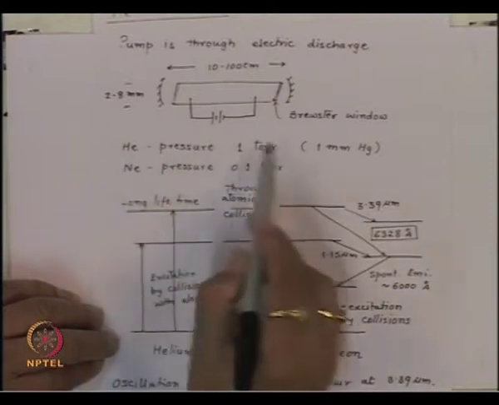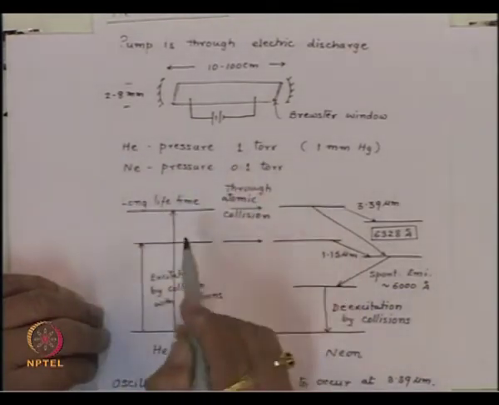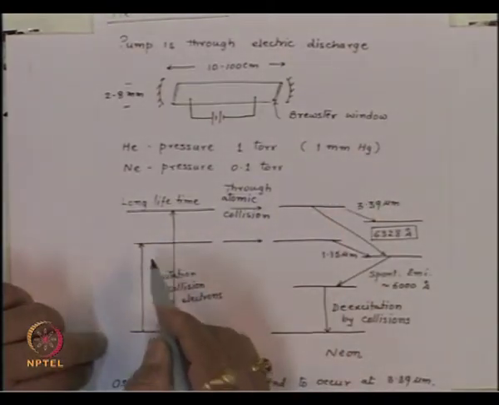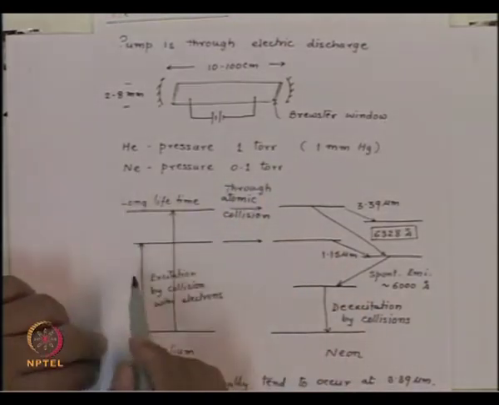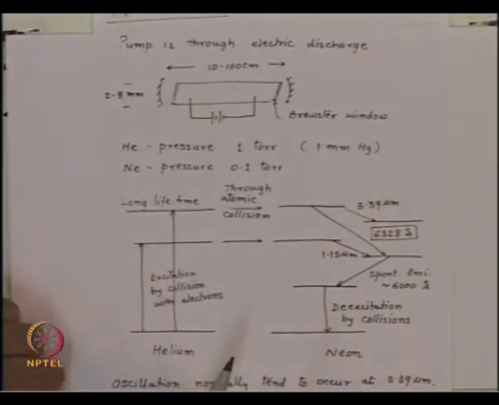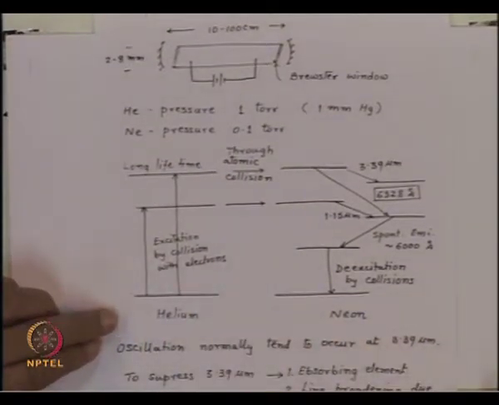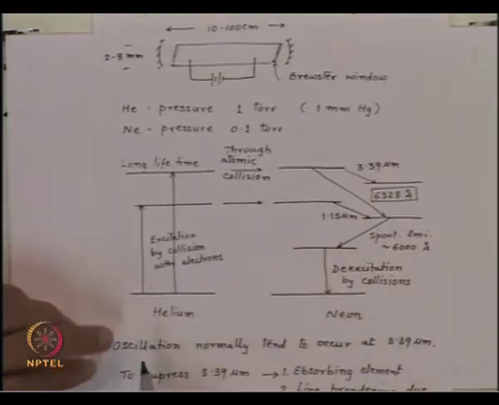So, we have a combination here. The helium pressure is 1 torr, which is 1 millimeter of mercury, and the neon pressure is 0.1 torr. So, we are having a very small neon, and then we are having a combination here for the energy levels which match for the helium and neon.